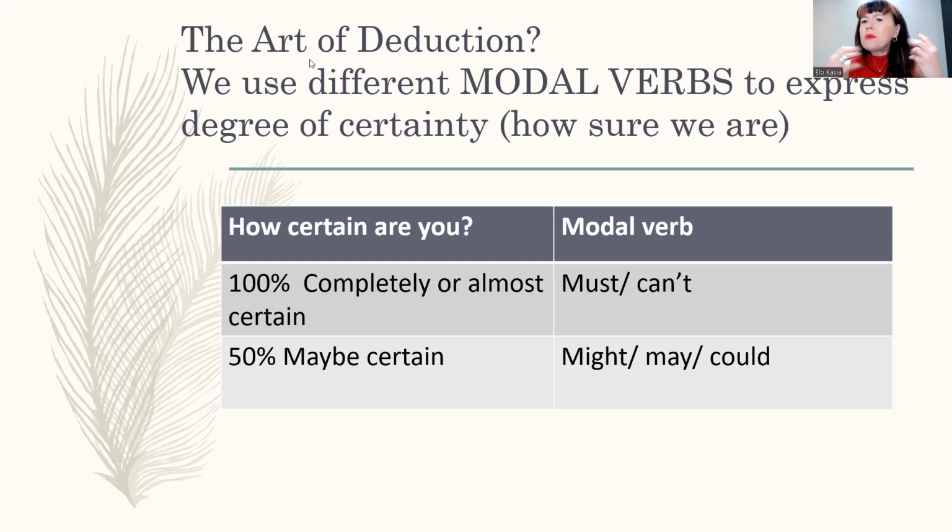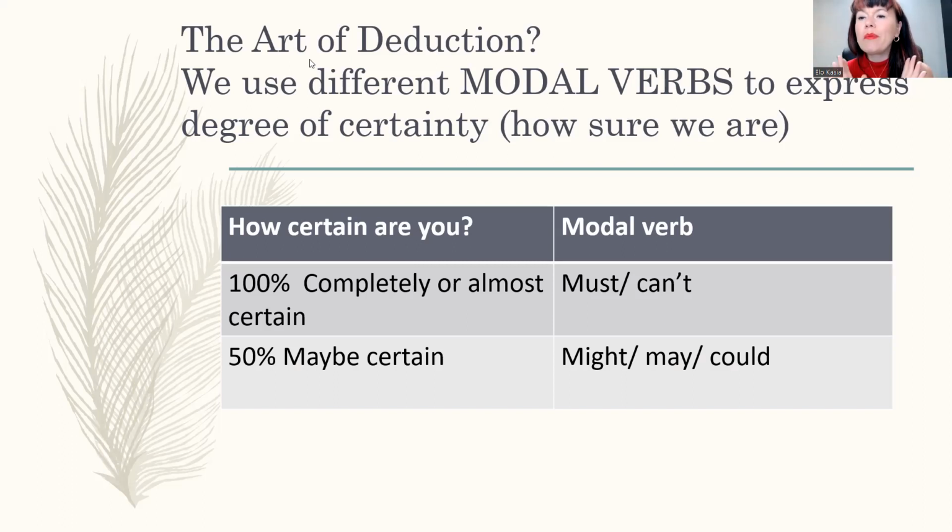So how certain are you? How sure are you? 100% completely or almost certain, we use must or can't. If you are 50% certain, we will use might, may, or could.